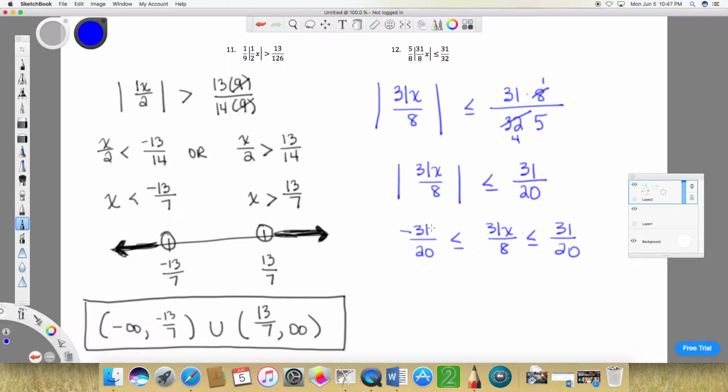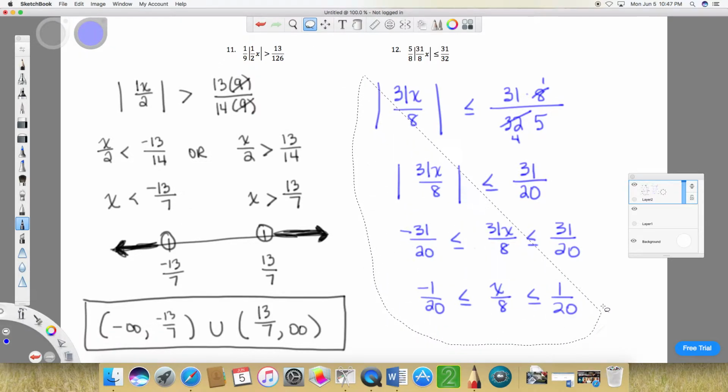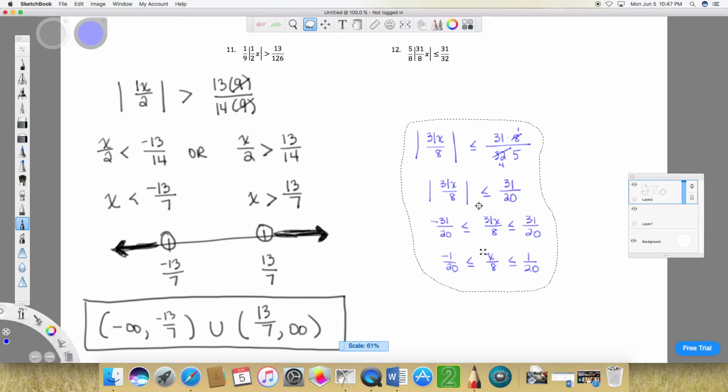I notice that I can divide everybody by 31, and then I just get negative 1 over 20 less than or equal to x over 8 less than or equal to 1 over 20. And now, to get the x by itself, let's multiply all parts of this by positive 8.